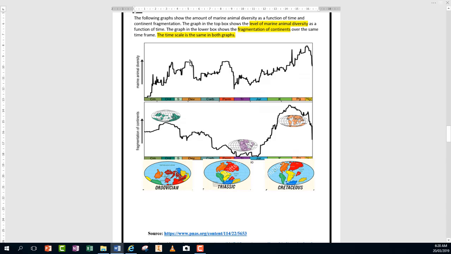And so there's a lot of different marine animals in this phase of the world, and then it drops down a little bit, and then it comes back up again to that same level, and then it drops down to a really small amount. When you look at it, that's a really small number of marine animals or marine diversity compared to everything before it.